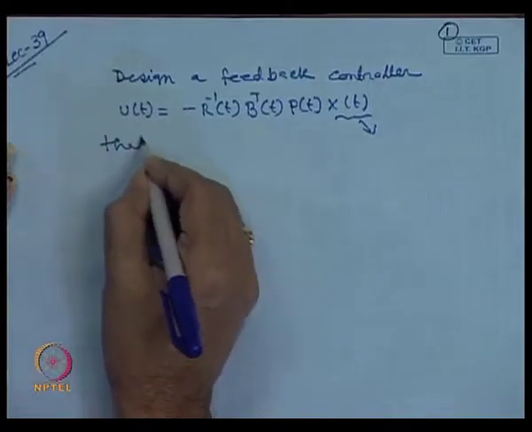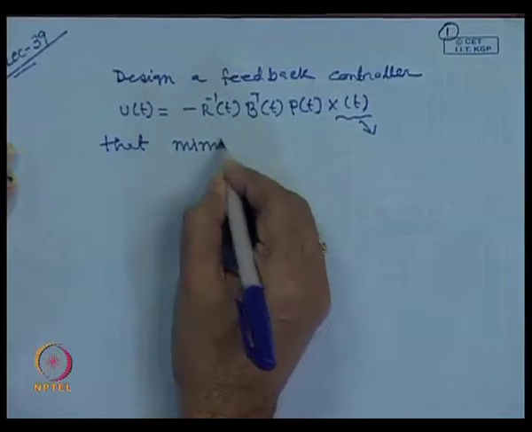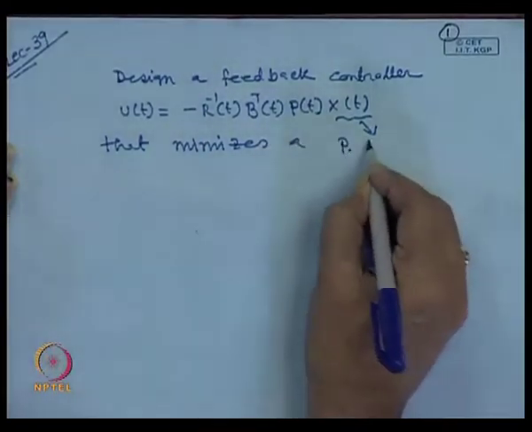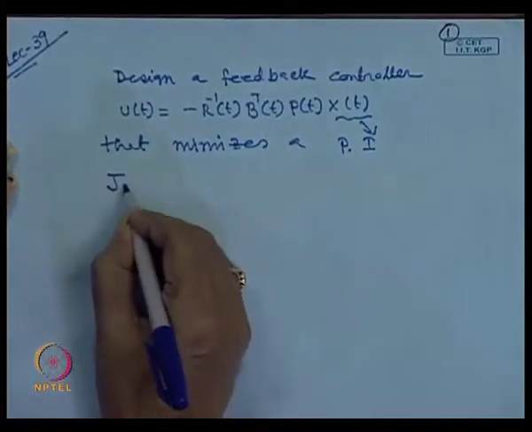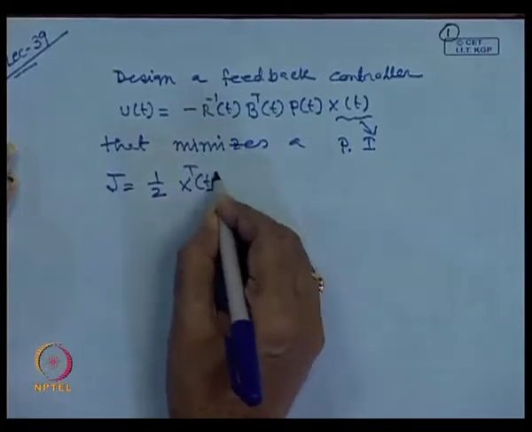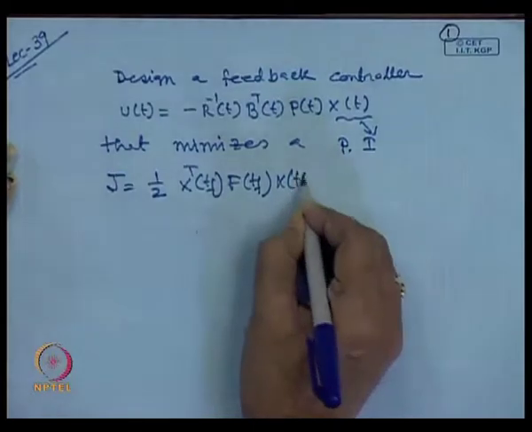This control law minimizes a performance index. What is this performance index? Half x transpose T f, F of T f, x of T f.